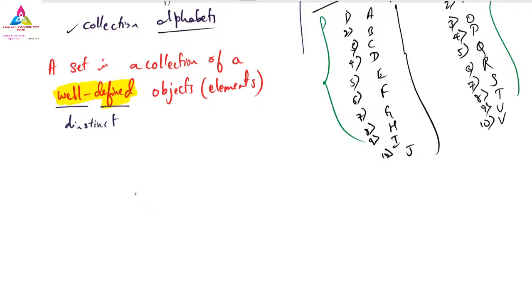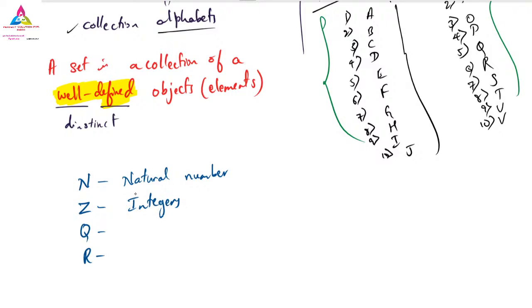When you are working with sets, there are some important notations: what is N, what is Z, what is Q, what is R, and all these things you have to remember. There will be several more things, but these are the basics. So N is the natural numbers, and Z is the integers, all the integers.